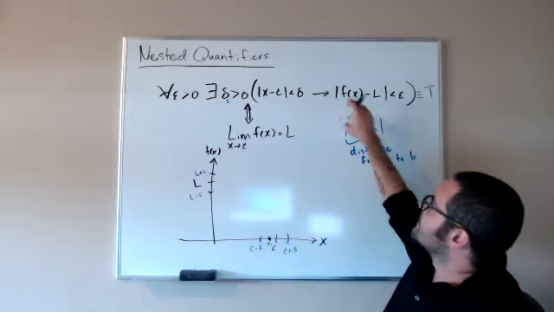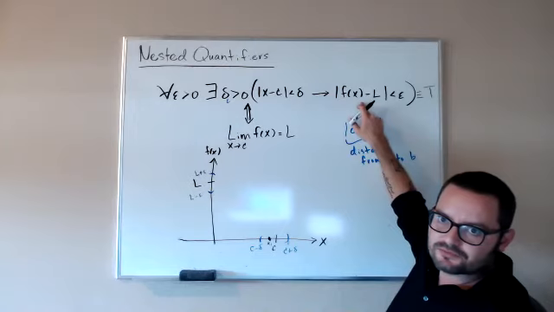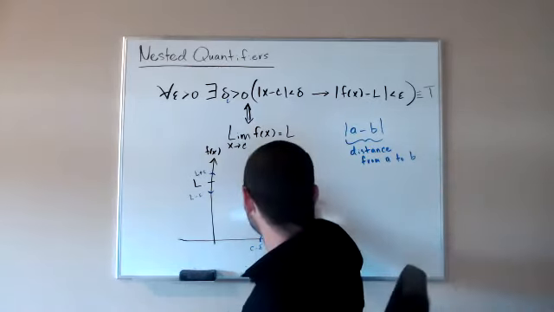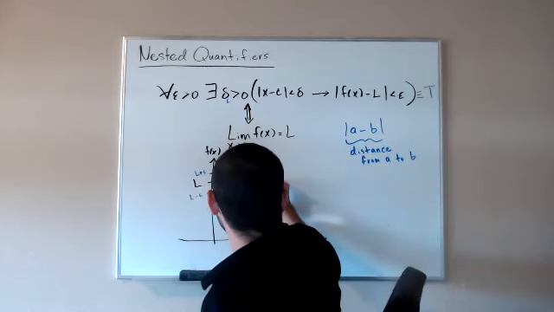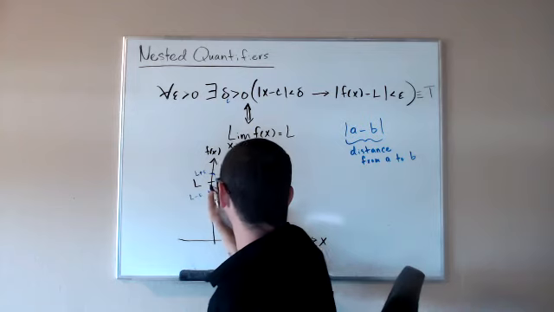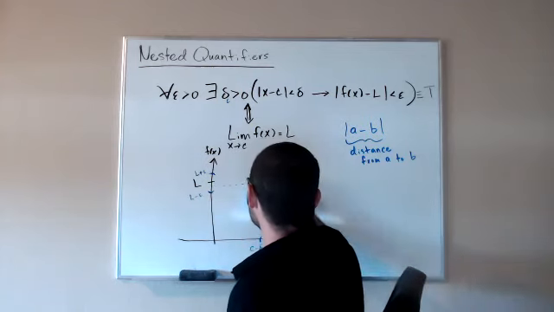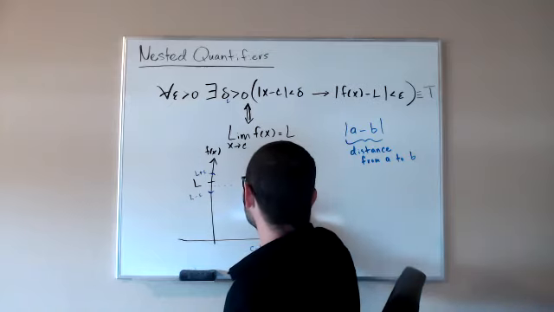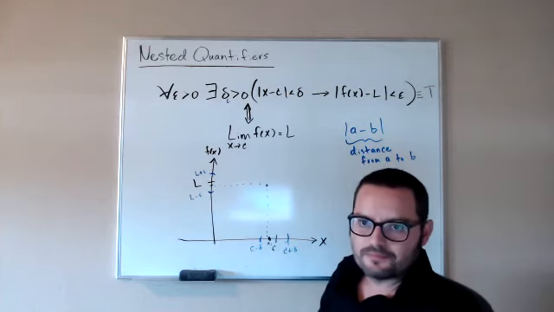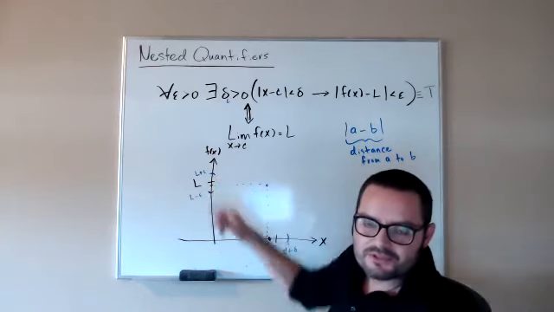Then, because this is a tautology, if that's true, that better be true. So f of x1 has to land inside of here. For this statement to be true, it has to be within epsilon of L.